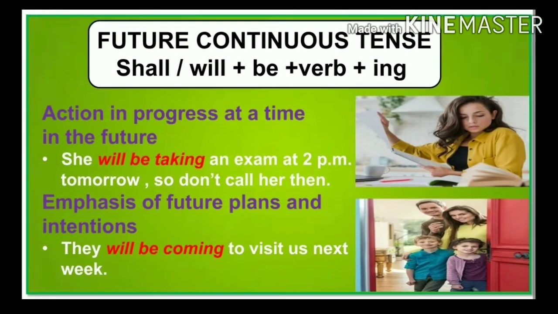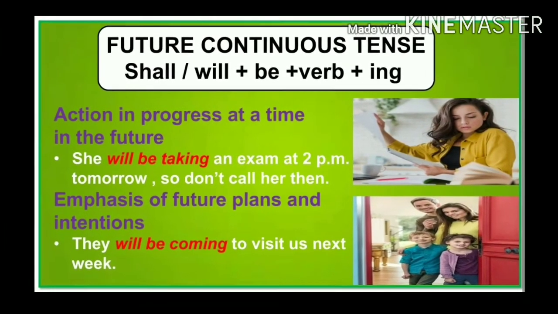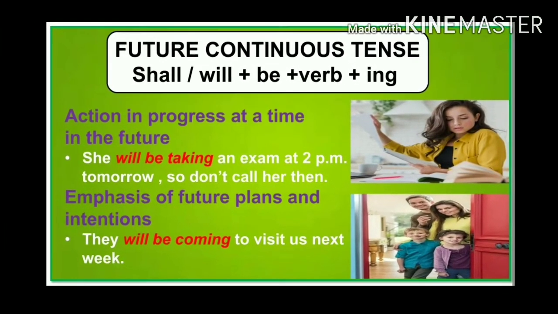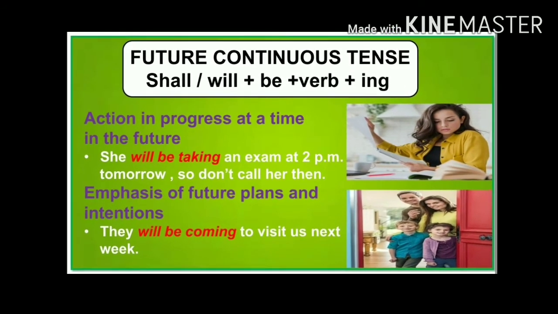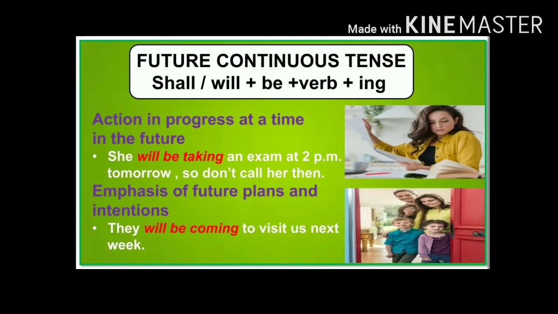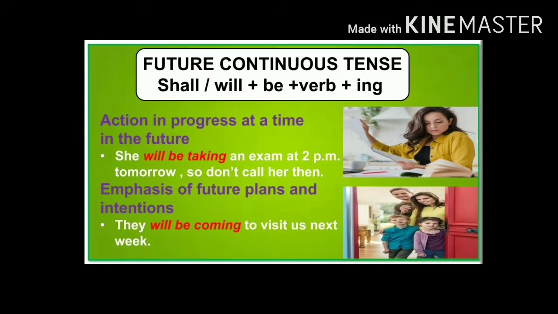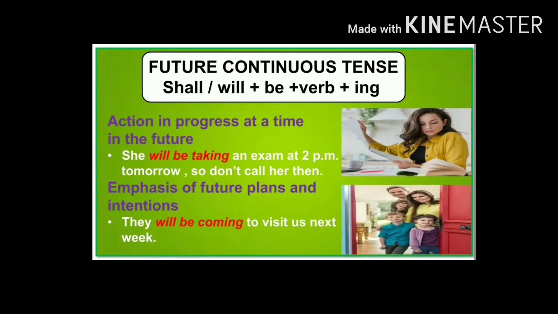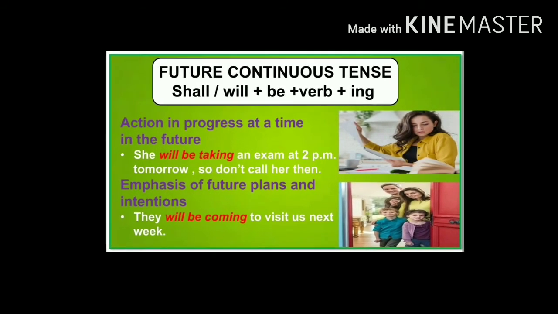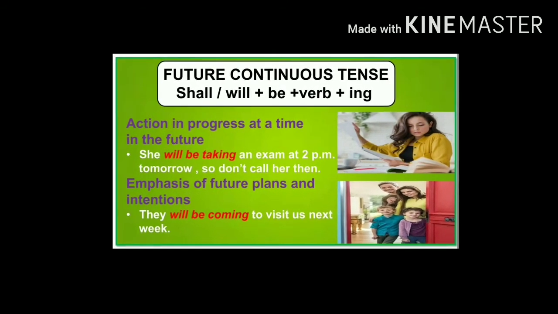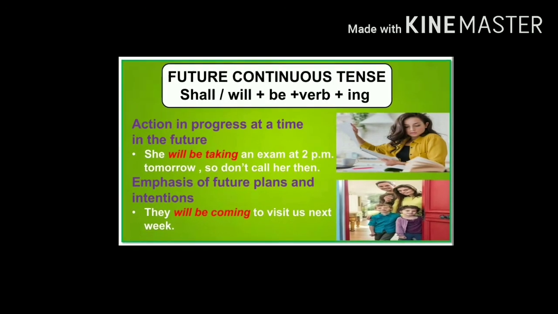The future continuous tense, sometimes also referred to as the future progressive tense, is a verb tense that indicates that something will occur in the future and continue for an expected length of time. It is formed using the construction will or shall plus be plus verb plus ing.